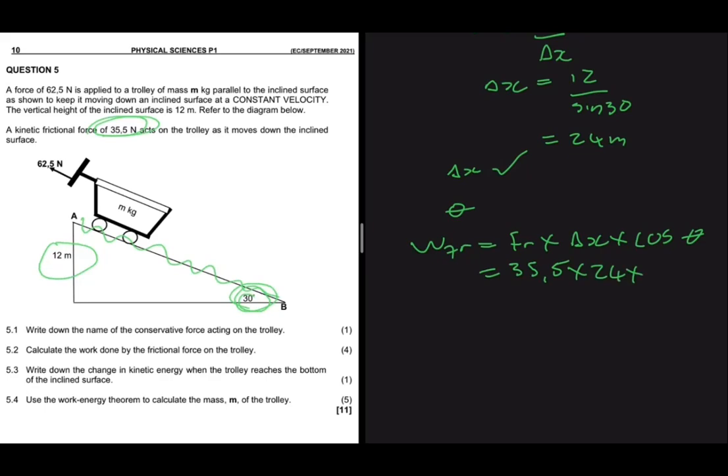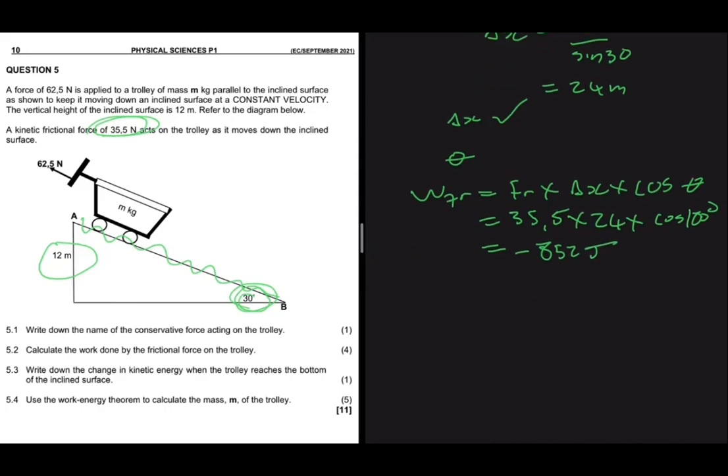All the time, frictional force opposes the motion, so the angle should be 180 degrees. So we have cos of 180 degrees. And then if you punch that in your calculator, you're going to get minus 852 joules, right? So that is the amount of work the frictional force is doing on the trolley.